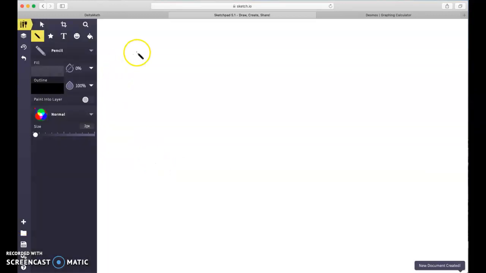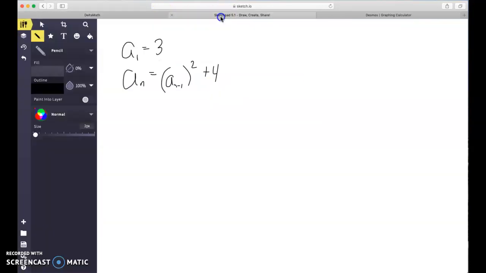Let's see here. My first term is 3. My formula was taking the previous term squared and then adding 4. And they wanted us to find 4 terms, right?